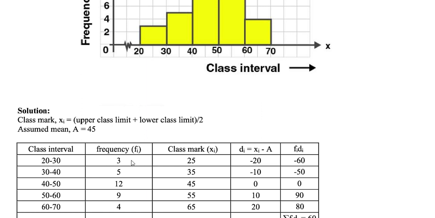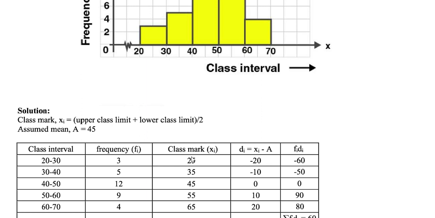We will write the frequency 3. Next, between 30 to 40, this rectangle is in the middle between 4 and 6, which will be 5. So I will write 5 like this.